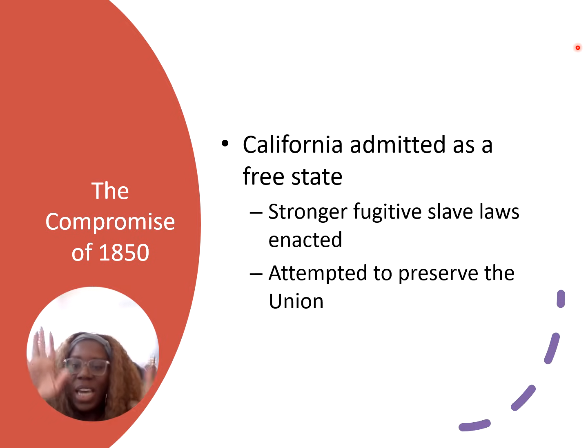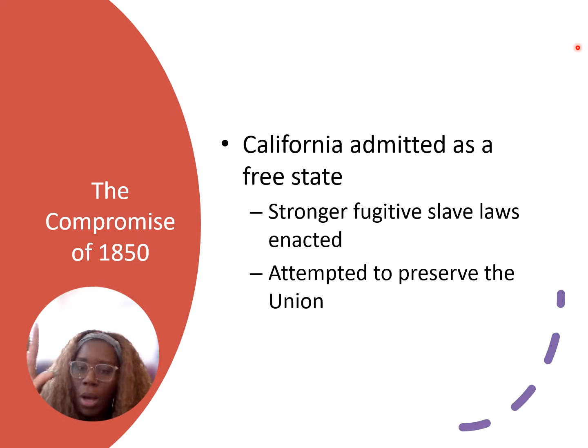So it attempted to give the North a free state, but then also increase fugitive slave laws to help the South, but neither side thought it was enough. So the result was not peace, but again, another temporary pause that left underlying conflicts unresolved and even more intensified. Again, tension just continues to build and build and build.